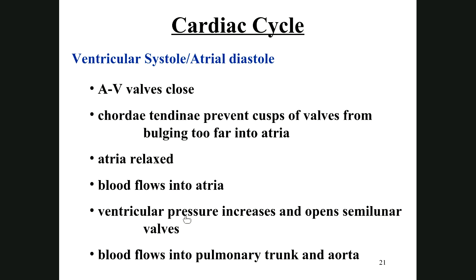The ventricular pressure increases, right, just up to that diastolic pressure. So we call that pressurizing, make sure you know that, okay? Pressurizing. And pressurizing is the same thing as isovolumetric contraction.